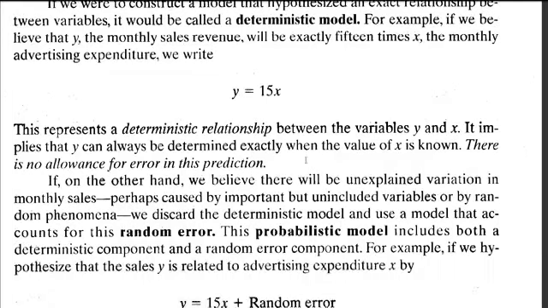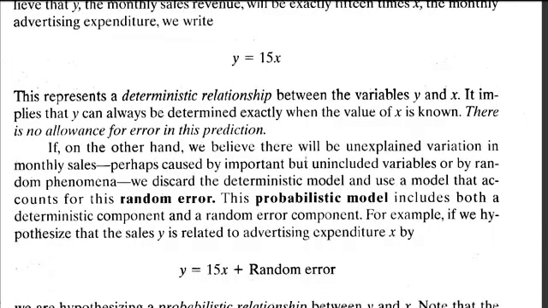If, on the other hand, we believe that there will be unexplained variation in monthly sales, perhaps caused by important but unincluded variables or by random phenomena, we discard the deterministic model and use a model that accounts for this random error. This probabilistic model includes both a deterministic component and a random error component.